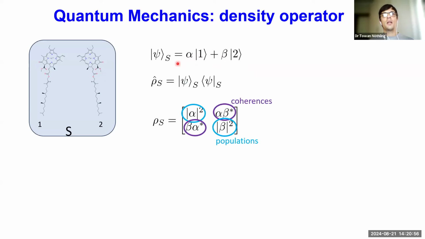Now we can write something called the density matrix as this expression. Sorry, this is the density operator, but an operator has a corresponding matrix, so we can consider the density matrix. On the diagonal entries are the Born rule probabilities of finding the system in that particular state upon measurement.